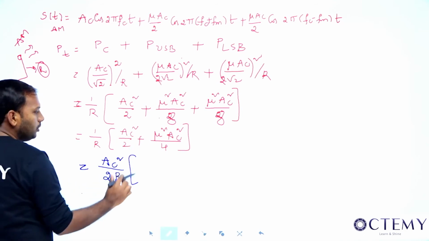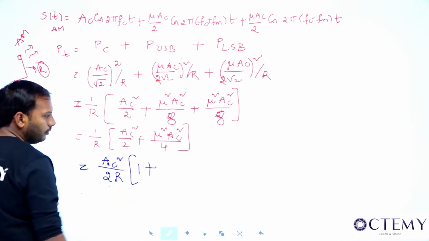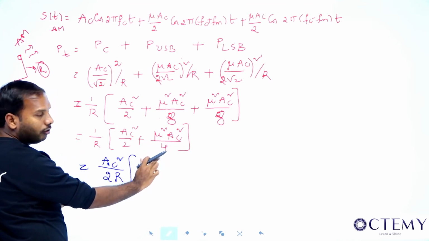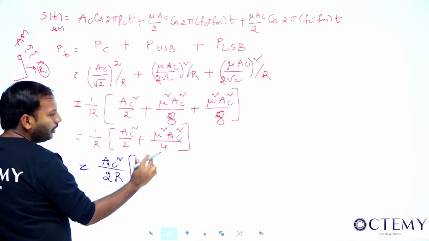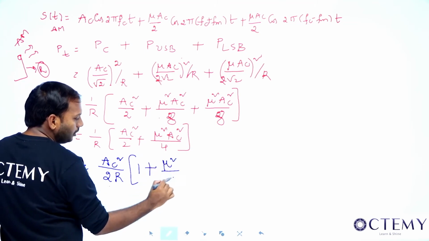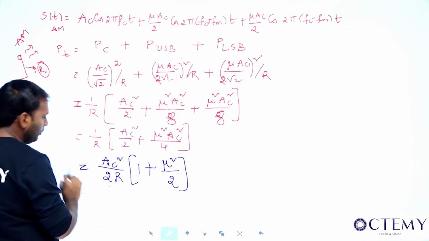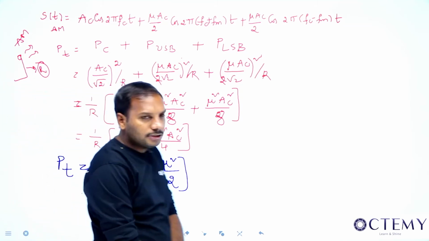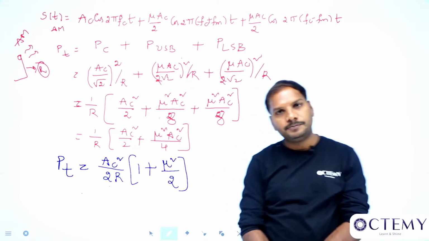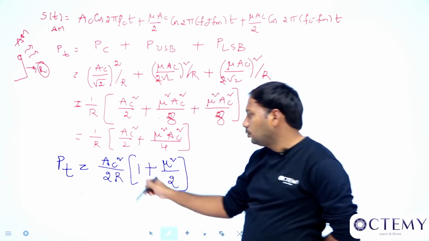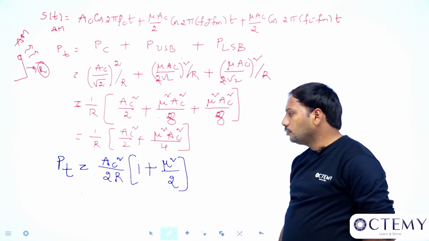So Ac square by 2 common means you are getting 1 plus, and what is the leftover factor here? Mu square by 2. This is the total power transmitted by the transmitter: Ac square by 2R into 1 plus mu square by 2.